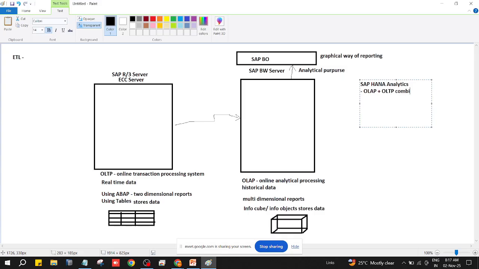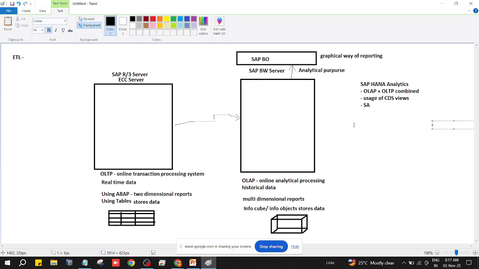That was one thing. You can see the usage of CDS, Core Data Services, CDS views, the new latest extensions and changes. Moreover, SAP Cloud also came into the picture.